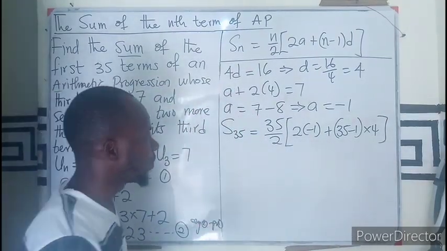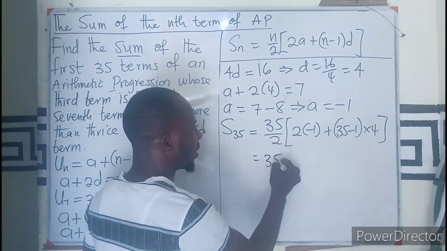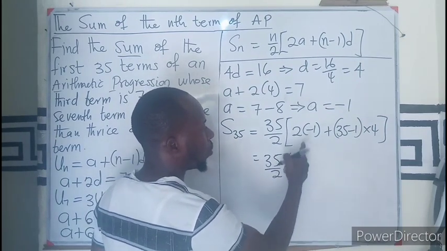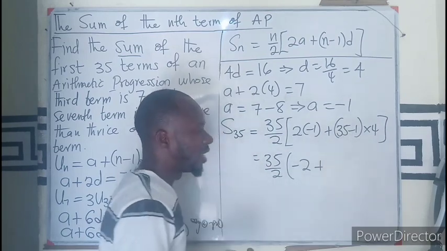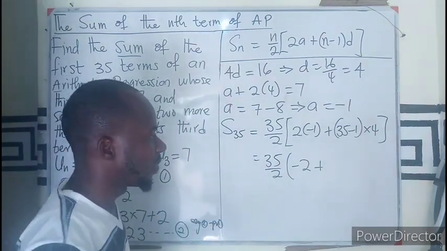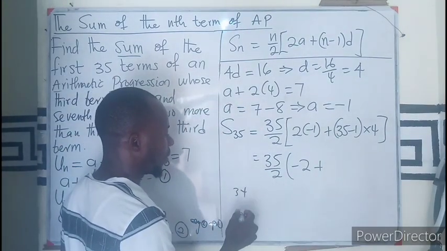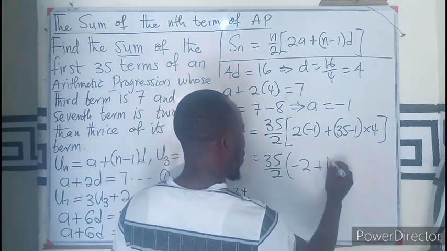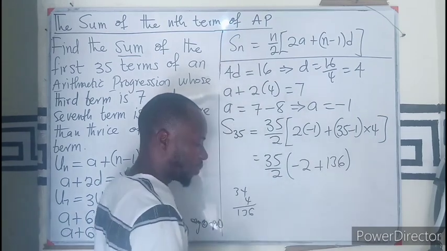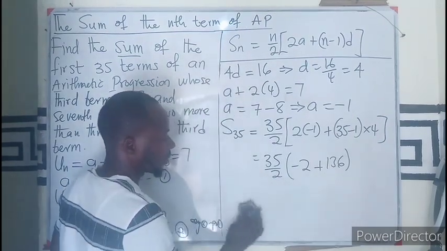Are we okay with that? So 35 minus 1 is 34, right? So 34 times 4 will be 136.